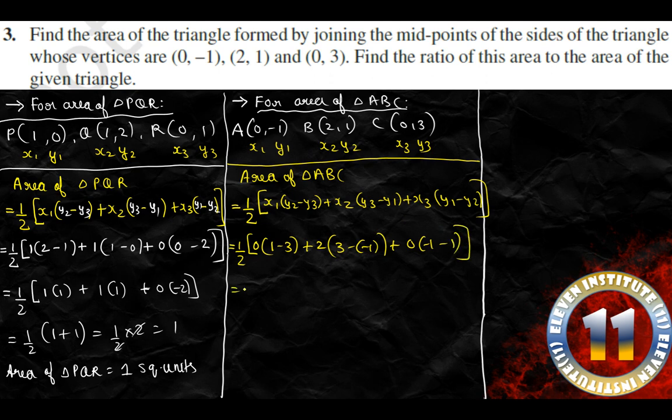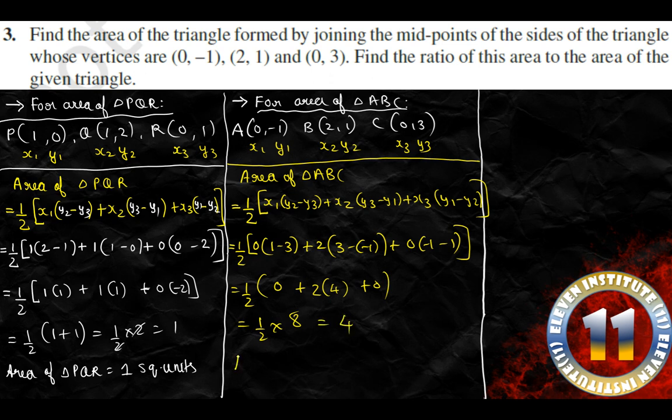Bracket complete. Again half will be kept as it is. 0 into anything is 0, plus 2 into minus minus plus 3 plus 1 is 4, so 2 into 4, and again 0 into anything is 0. So what we are left with is half into 8, and 8 upon 2 is 4.